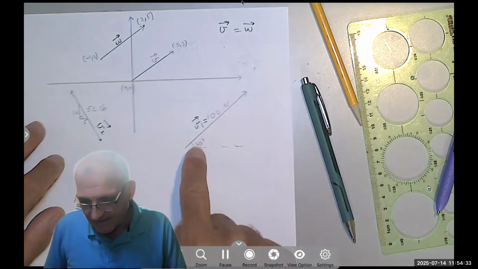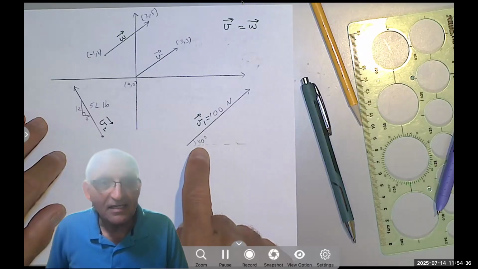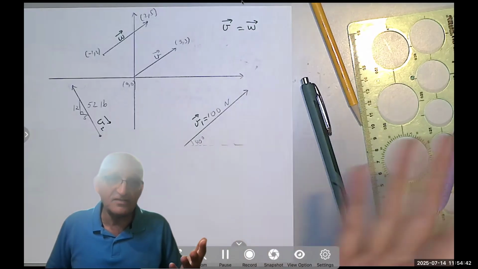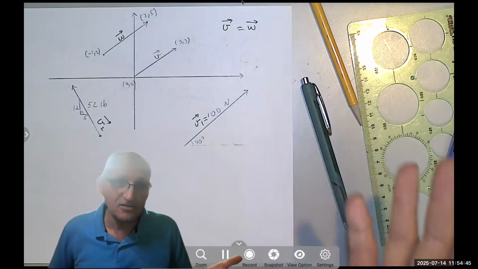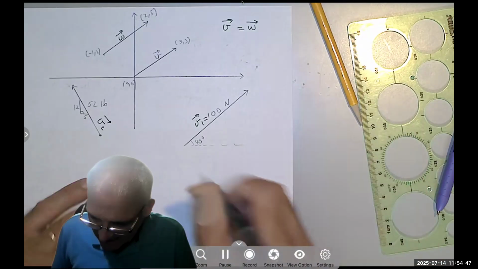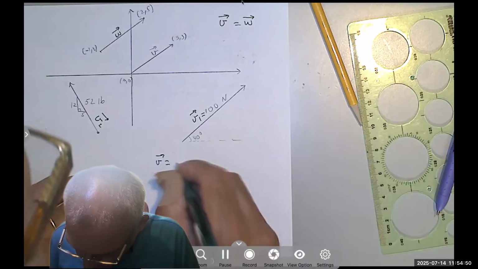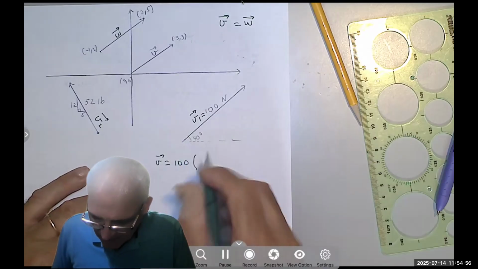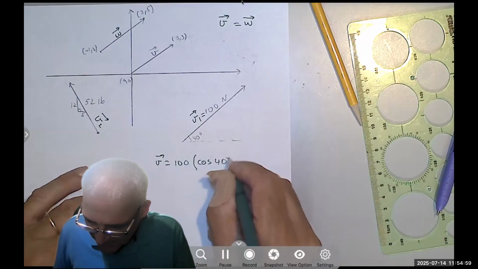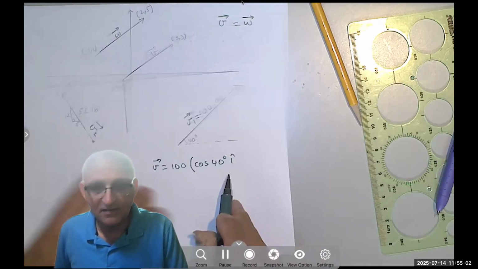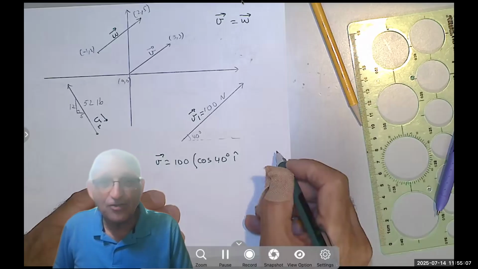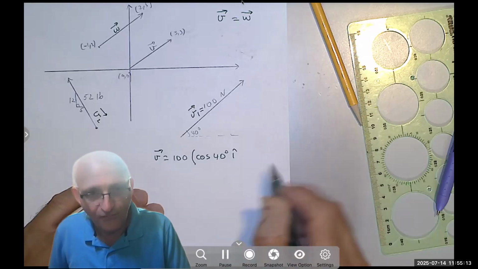If you know the angle the vector makes with the horizontal, it means that you also know the angle that it makes with the vertical, right? Because they are complementary angles. So you can represent V1 as 100 times cosine 40 degrees i, notice we have to write the direction, that's the x, plus sine 40 degrees j, or if you prefer to use the directional cosine, then you say plus cosine 40j.